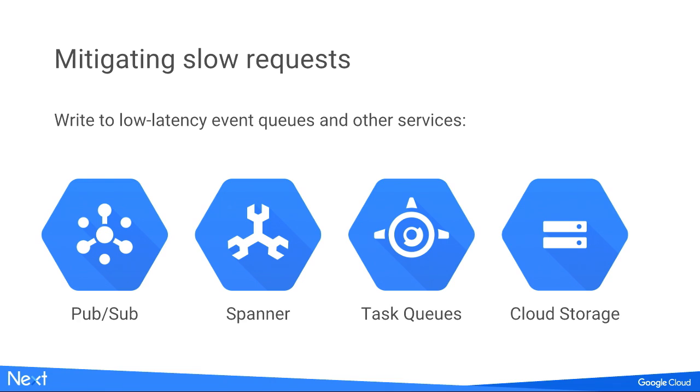Cloud Storage, Spanner, and PubSub are also really good. Spanner and GCS cloud storage have multi-region modes, which means that if your servers are globally distributed, you'll be able to write into those quickly. And REST support for task queues is coming soon, so you'll be able to use those outside of App Engine.